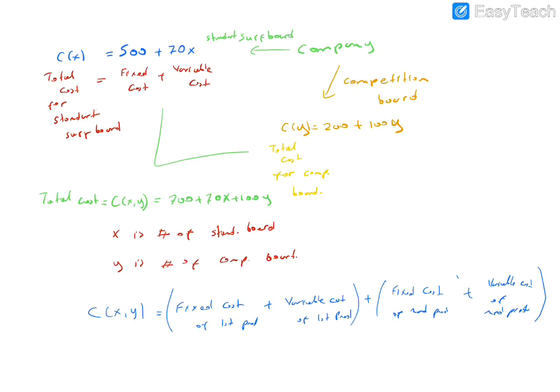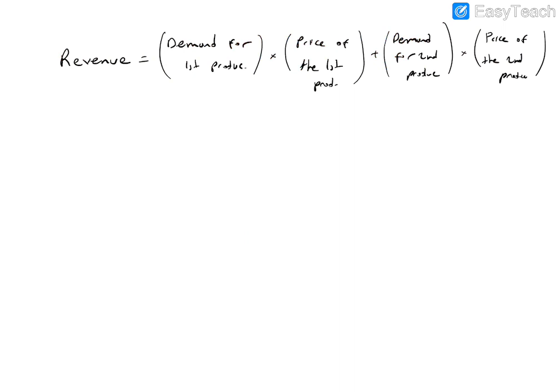If we turn back to the board question again, x is the demand. If you know the price function, let's denote by p the price of the standard board, and by q the price of the computational board. So according to x and y, we can write the revenue function.